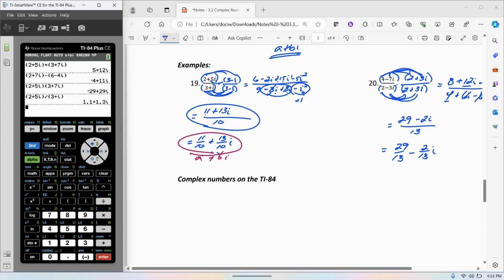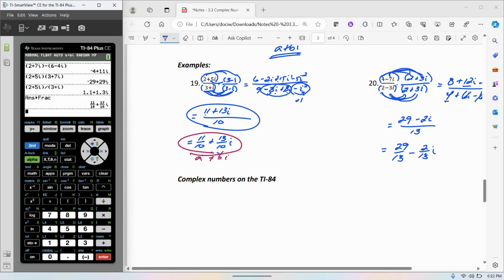Now you'll notice that the calculator gave you decimals. Again, this is going to depend on the instructor, the situation you're in, where you're using this. If the decimal's okay, you're good to go. If it's not, remember all you have to do is go to math, number 1, enter, and the calculator will put it back into fraction mode.